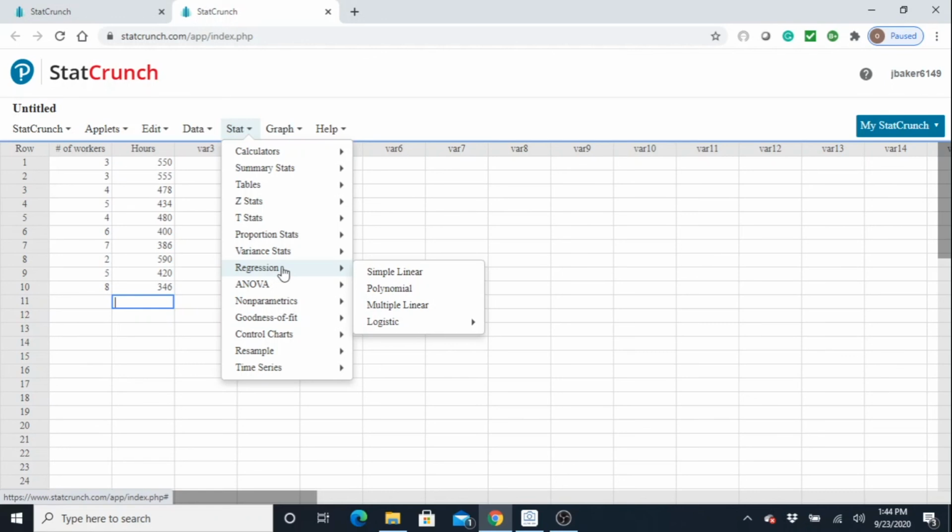It's going to be with this regression. Now there is technically another way to get the correlation, but this is probably the best way for all the stuff that we're going to do with it. So we're going to hit Simple Linear here.